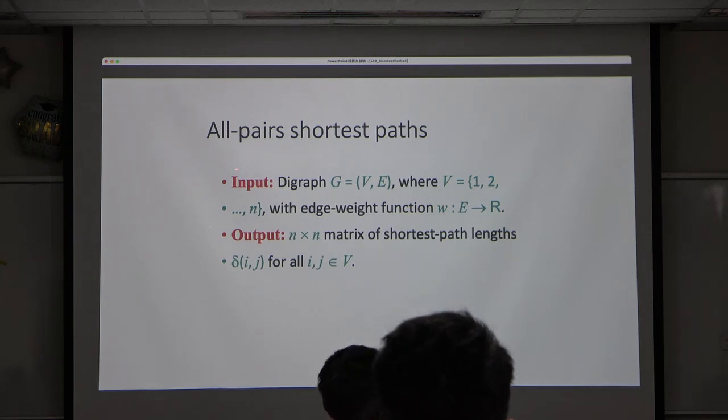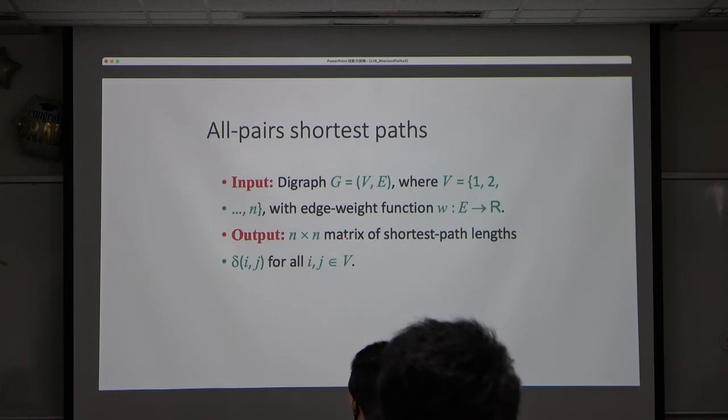So the input is a directed graph, where you have n nodes and an edge weight function. The output is all pairs shortest path.